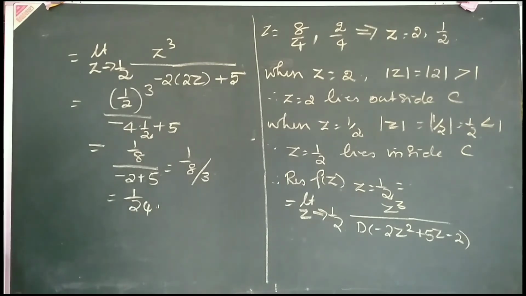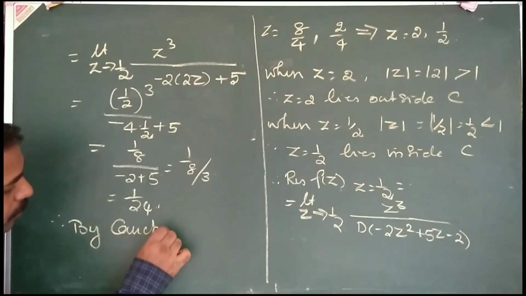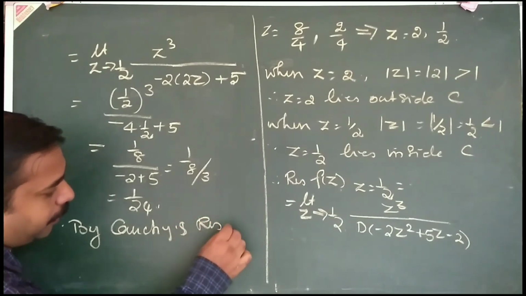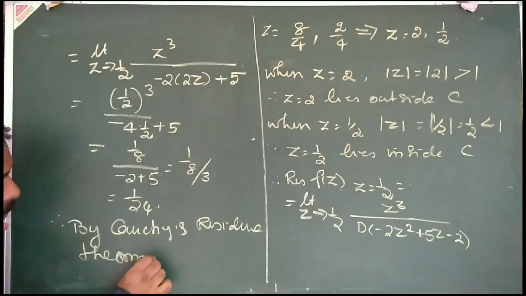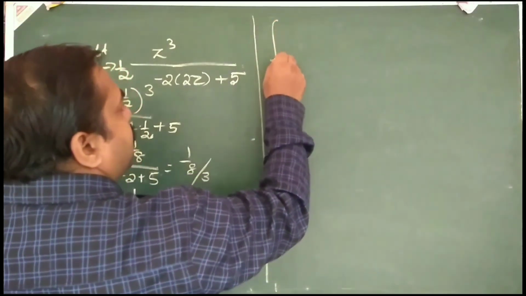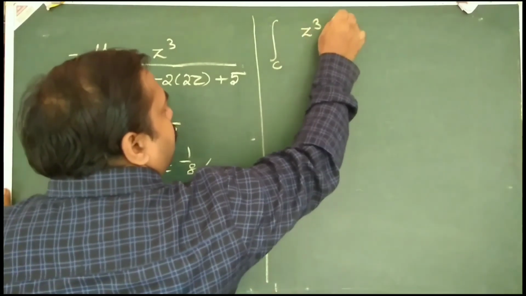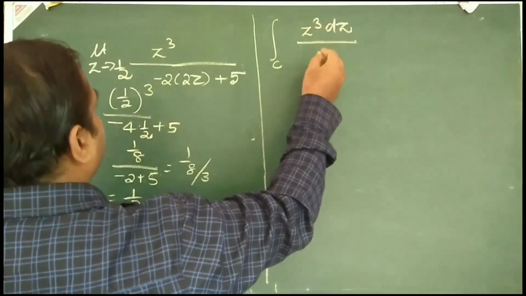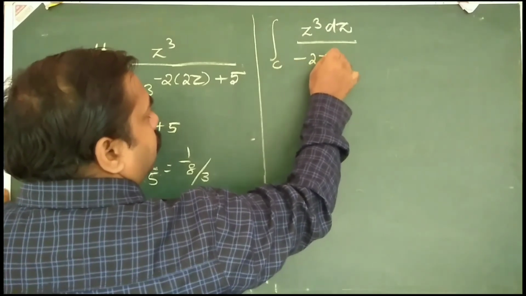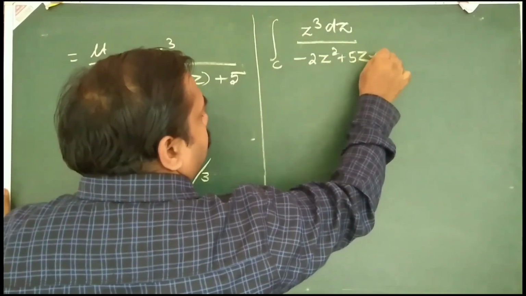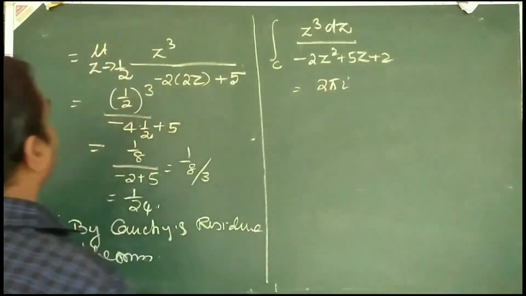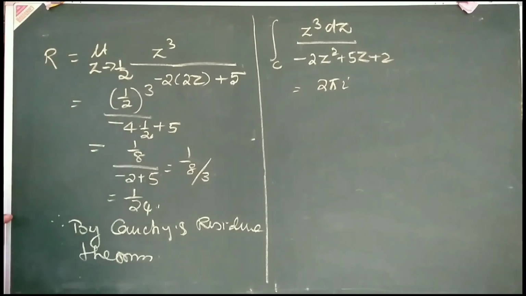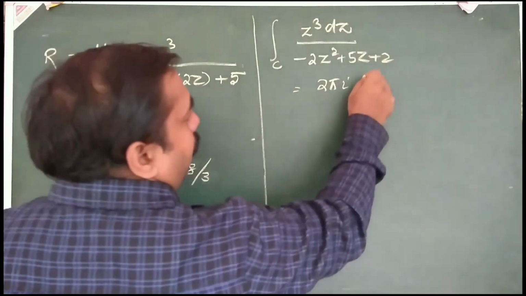Therefore, by Cauchy's residue theorem, the integral over C of z cube dz by the denominator is equal to 2 pi i into the residue.